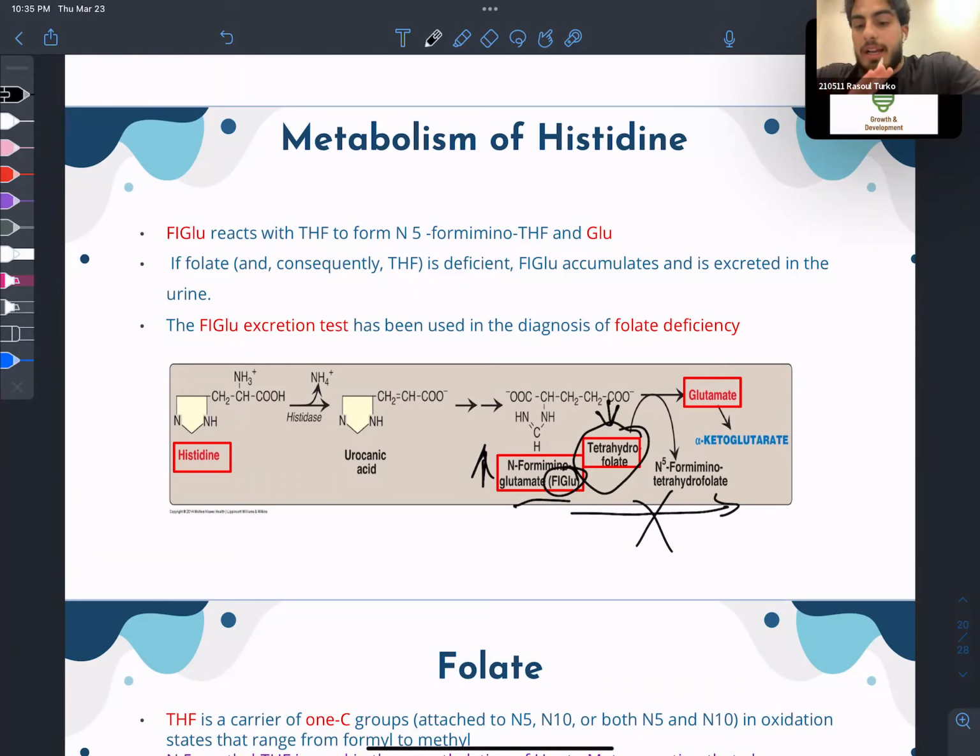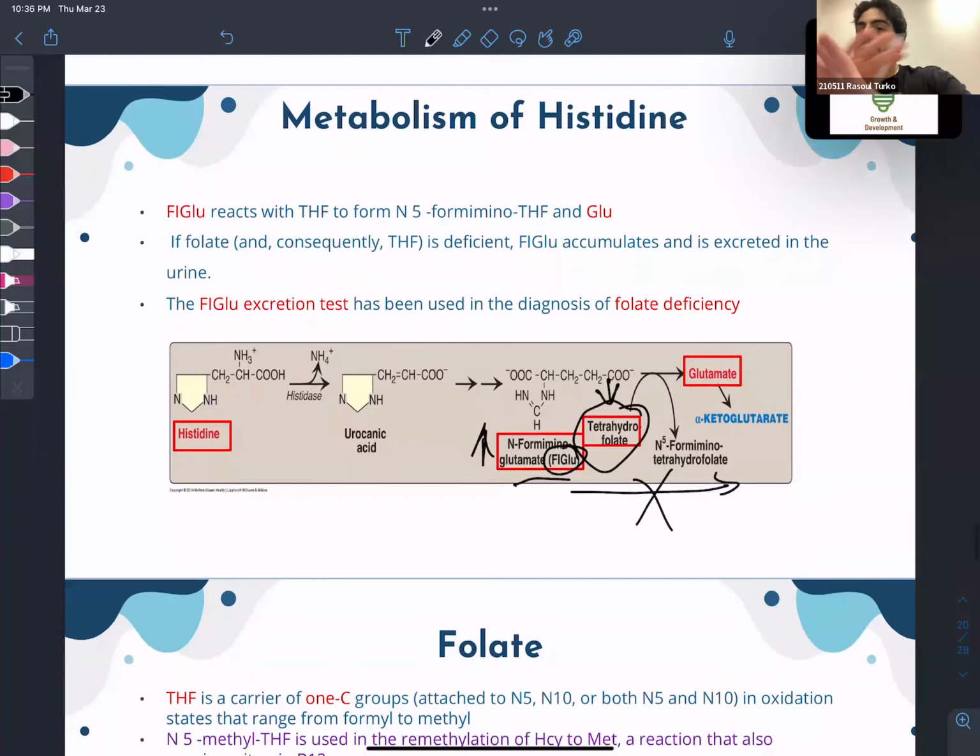So an excretion test to diagnose someone with folate deficiency is to see if there's FIGLU in the urine. If someone has high FIGLU in the urine, that means they have folate deficiency because they can't produce glutamate in the end, and they don't have folate, THF or tetrahydrofolate. Okay, and that's all you need to know.